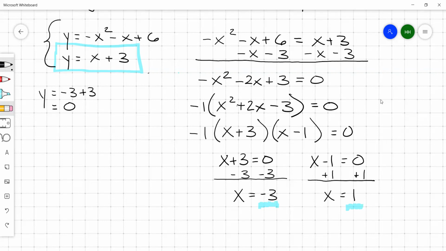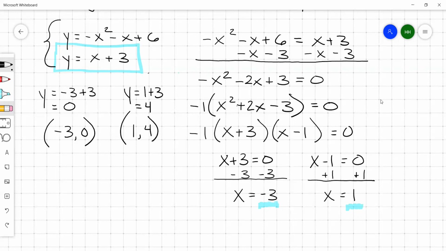When we substitute a negative 3, you get a 0 for y, which gives you a point, negative 3, 0. Then you do it again for the positive 1. So y equals 1 plus 3. So y equals 4 when x is equal to 1. So that gives you your second point, which is at 1, 4.